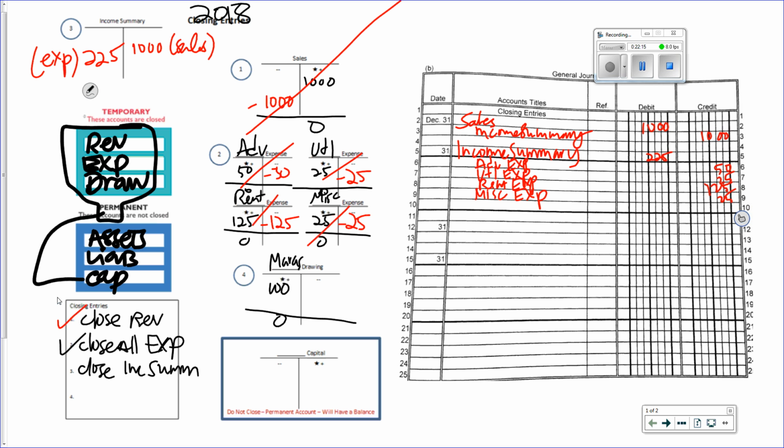To close income summary, I'm going to bring down the biggest number and make it equal itself. I feel like I've seen this before. On the worksheet. And then we're going to put a big gap here. Remember what I've kind of been preaching here?